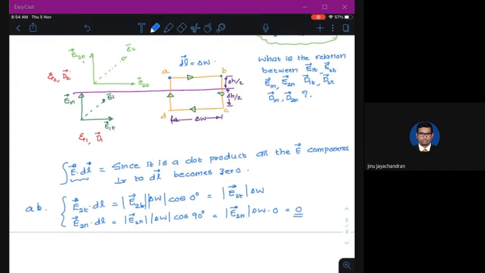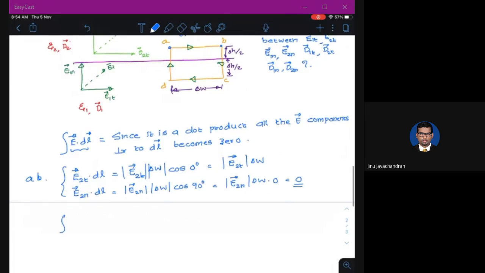Okay. And when you are doing the integration, integral E dot dl is equal to integral A to B E dot dl plus integral B to C E dot dl plus integral C to D E dot dl plus integral D to A E dot dl.